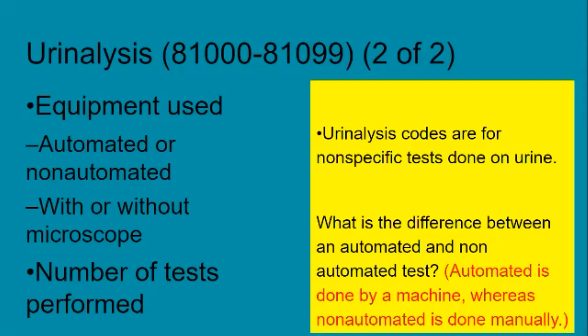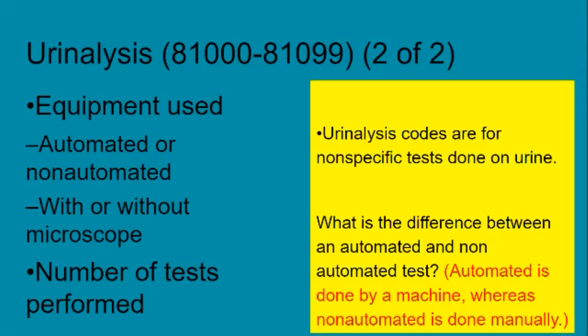Urinalysis, 81000 through 81099. So let's go back in our CPTs to that so we can kind of follow along. All right, I have mine.